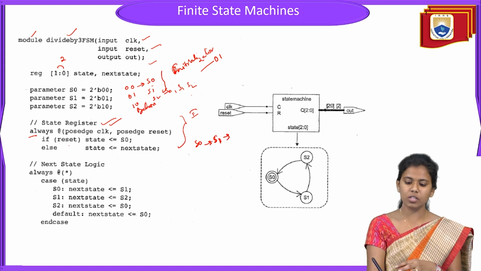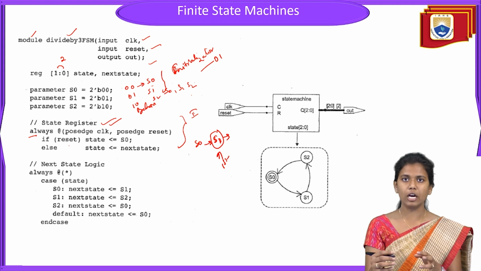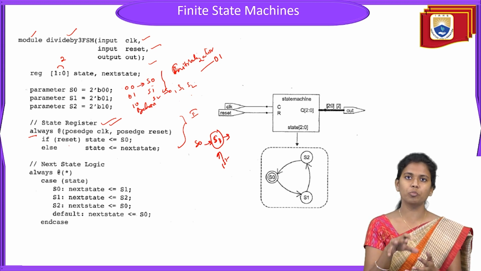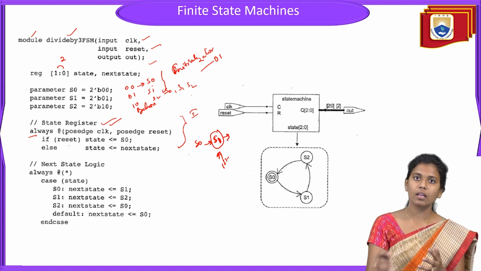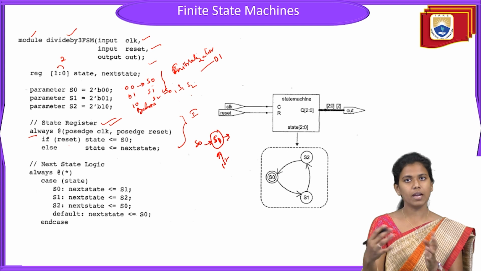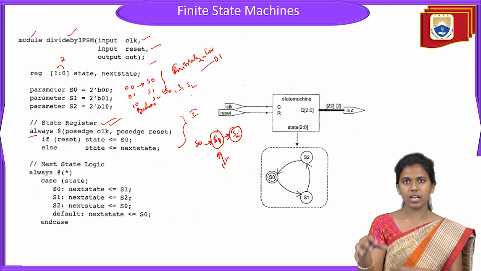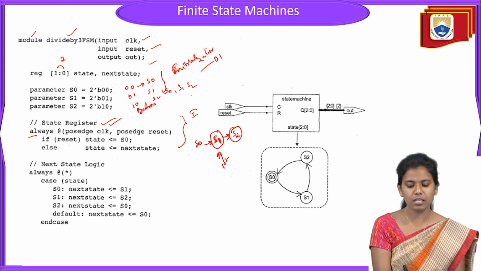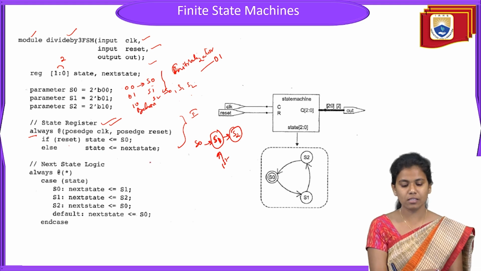And when it comes to the next state, this state will become the first state. As per the output, if my transition is within that state, then my first state will become S1, and if not, my transition goes to the next state S2. Likewise, the transition between the different states takes place. So if reset, state <= S0; if not, it goes to the next state.